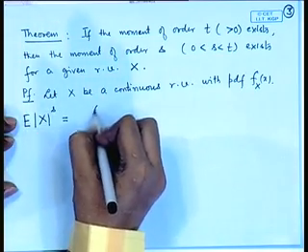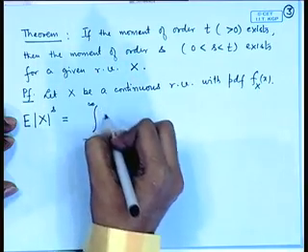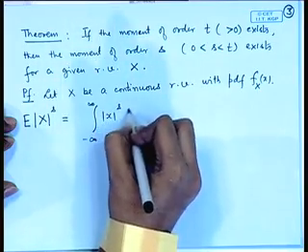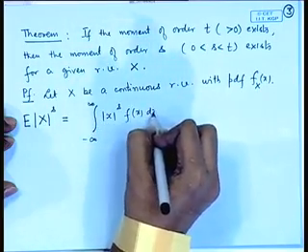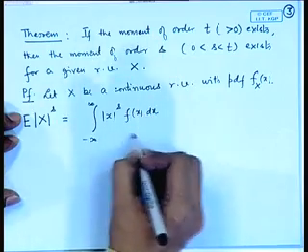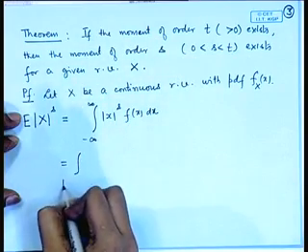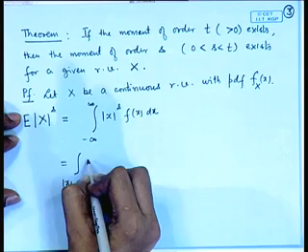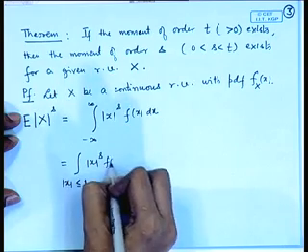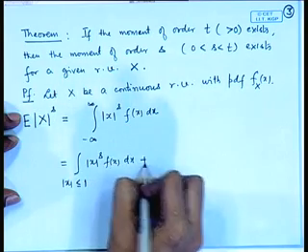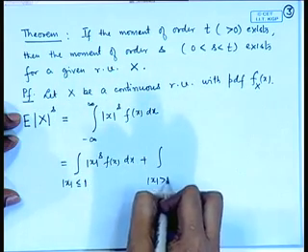This is equal to integral minus infinity to infinity modulus x to the power s f(x) dx. This one we split into two regions, modulus x less than or equal to 1 and modulus x greater than 1.